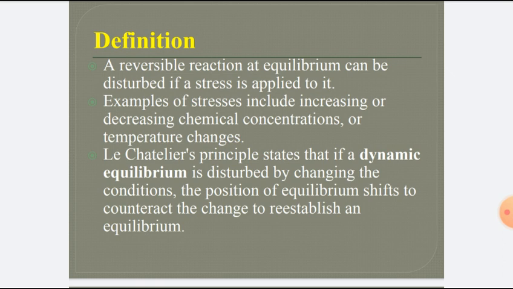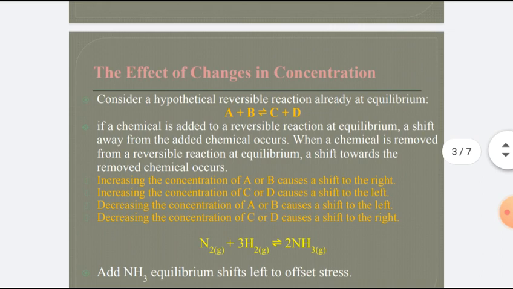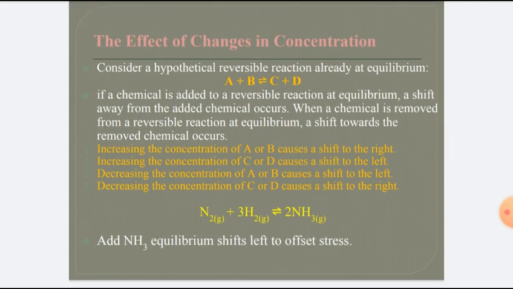First of all, consider a hypothetical reversible reaction to understand the effect of changes in concentration. Suppose reactant A reacts with reactant B and gives product C and D. For example, if the concentration of A is increased, the system would no longer be at equilibrium.